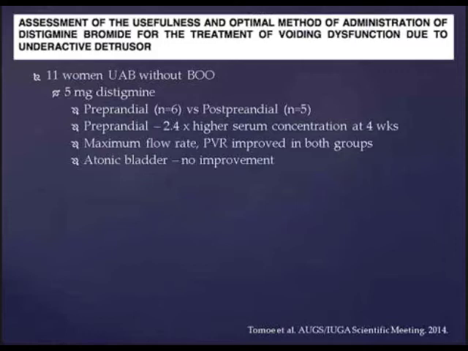This one was looking at timing of taking the distigmine, and they actually found that the maximum flow rate and post-void residual improved in both groups. So there are more positive studies for distigmine than for Bethanechol. So if you were to pick one, that would probably be the one to pick, but I don't believe that either of them are covered right now. So it's probably best just to stay away from these drugs unless somebody's really desperate.